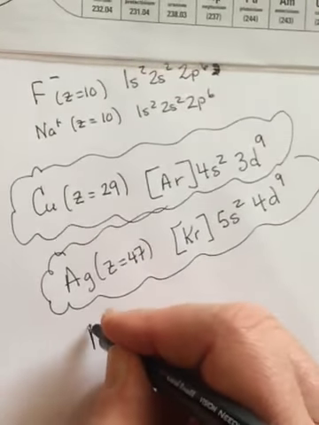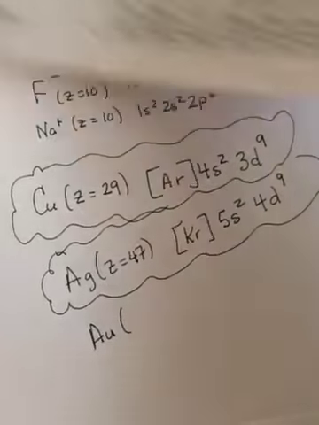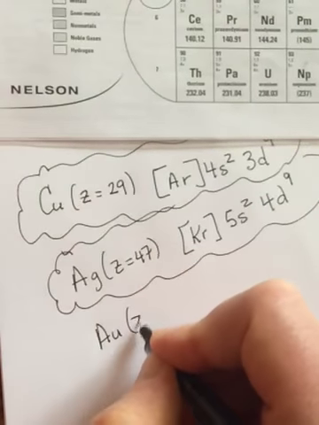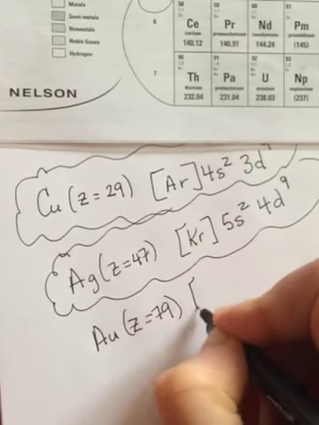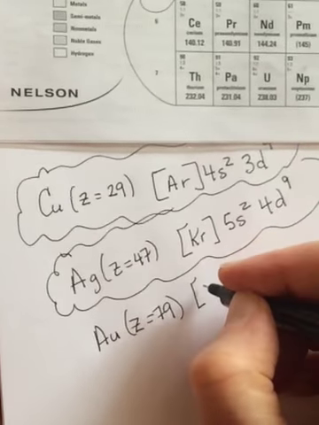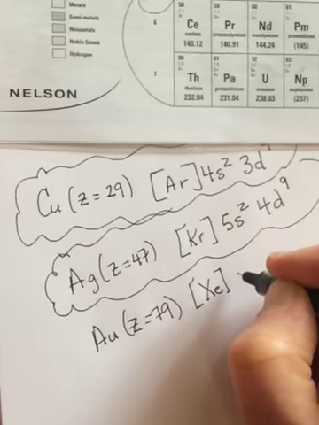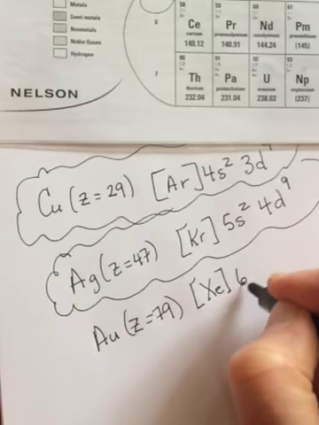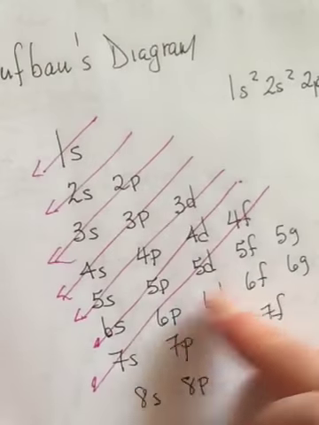And then the last one, gold. For gold, Z is equal to 79. The noble gas preceding gold, the one that's under krypton, is Xe, xenon. And if krypton was 5s2, xenon should be 6s2. Then you go to your Aufbau diagram.